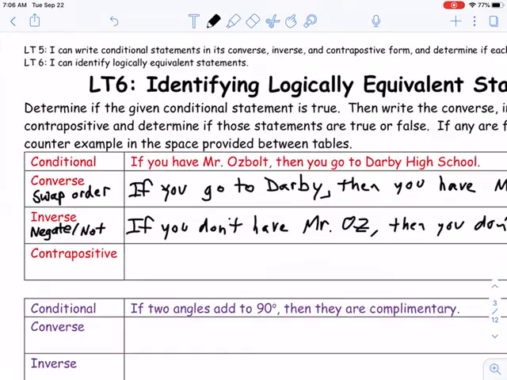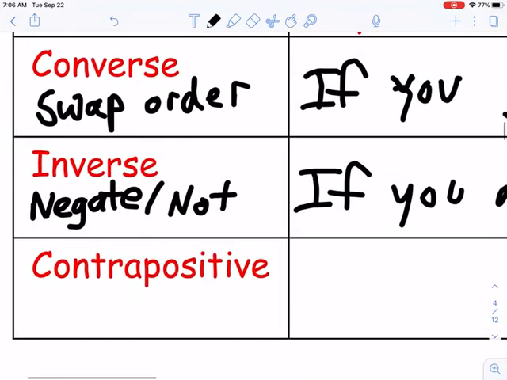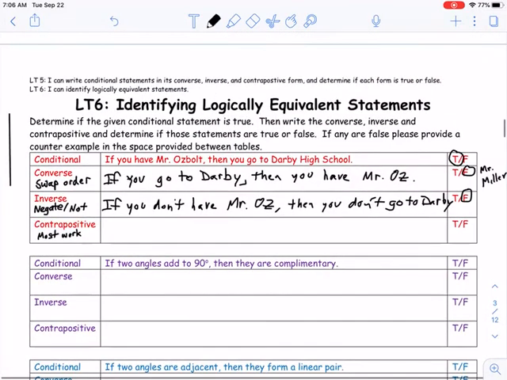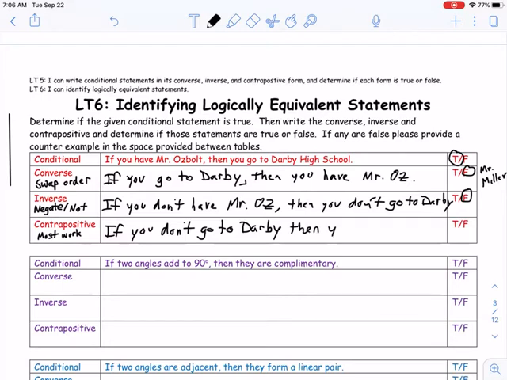And then contrapositive, most letters, most work, you're doing both converse and inverse. So, if you don't go to Darby, then you don't have Mr. Oz.